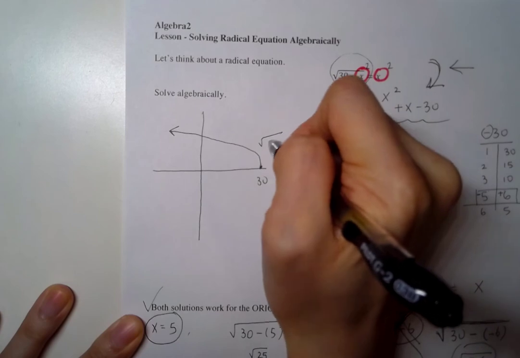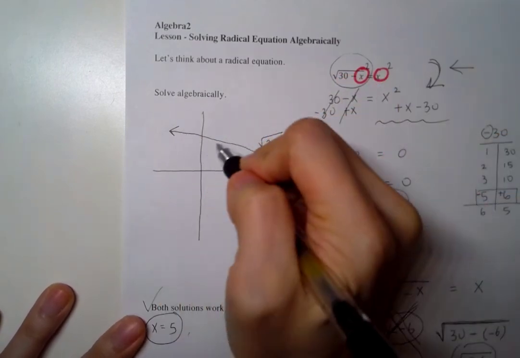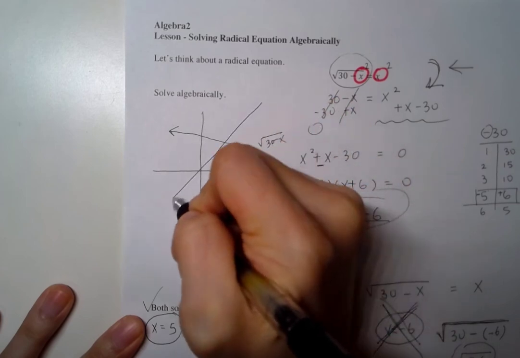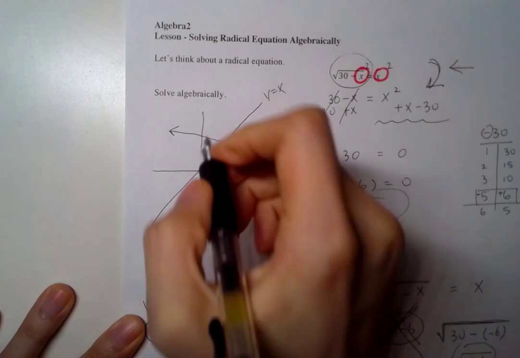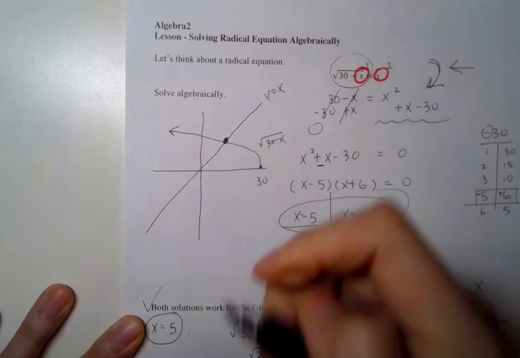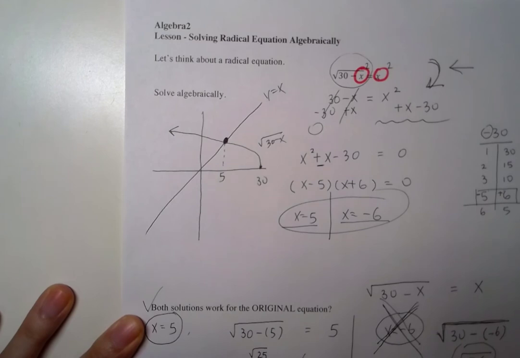And then your x is the other side, this is your y2, so y is equal to x. Then you see you get only one solution, which is 5.